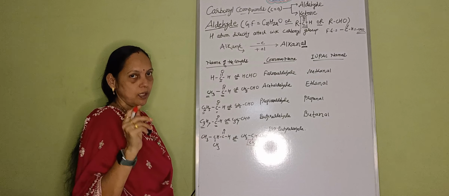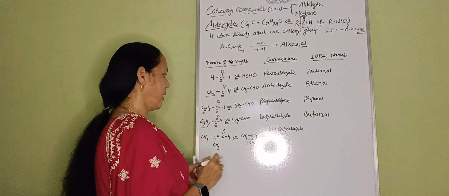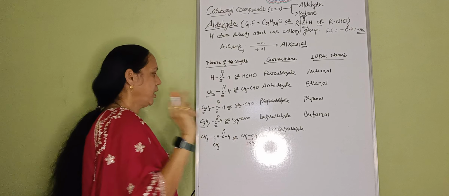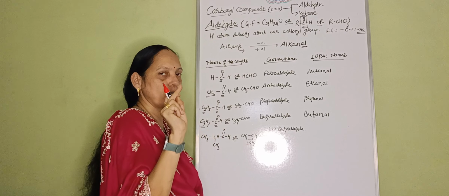But one thing you must understand here, a very important fact: this particular methyl group is attached as a substituent group. Whenever a group is attached, we have to change the nomenclature and give numbers. We have to give the number to the carbon and see that the functional group gets the smaller number. So the functional group's number should be small. There is no problem here, there are 3 carbon atoms. From whichever side we start, which number will we get?